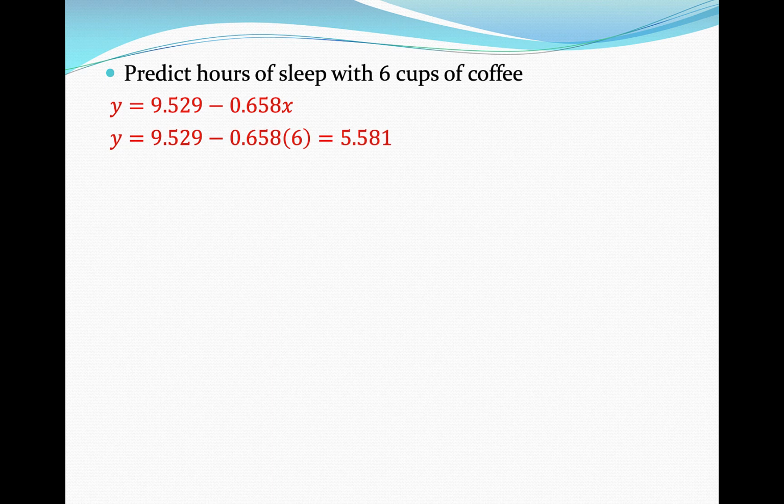We just plug in 6 for x. That will allow us to predict y. So for 6 cups of coffee, we would predict 5.581 hours of sleep. It's really that simple. So the prediction part is simple once you come up with the model. The hard part is getting the model, and first, of course, establishing that it's a good model by looking at your R value and looking at your scatter plot.